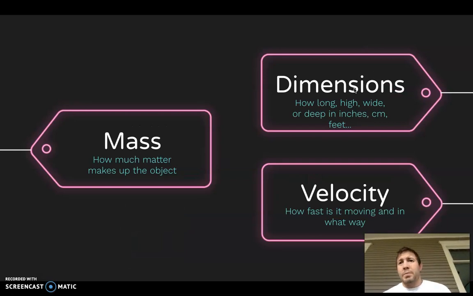Well, here's some examples. It's definitely not all of them, but here's some ways that we can describe the previous two objects, the packages and the shopping cart. Obviously, these objects have mass. Is it big? Is it little? Their dimensions, so their height, their width, their depth, and that's usually measured in centimeters or meters, in feet or in inches.